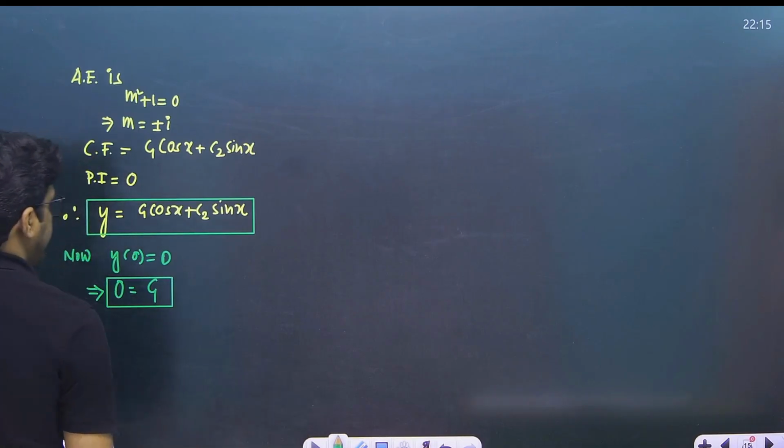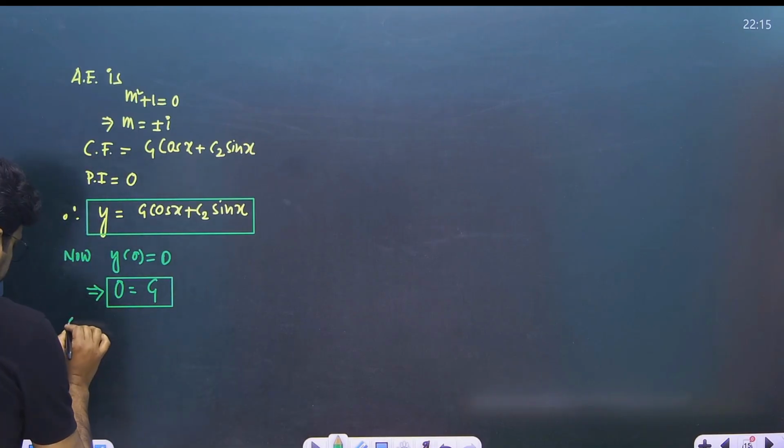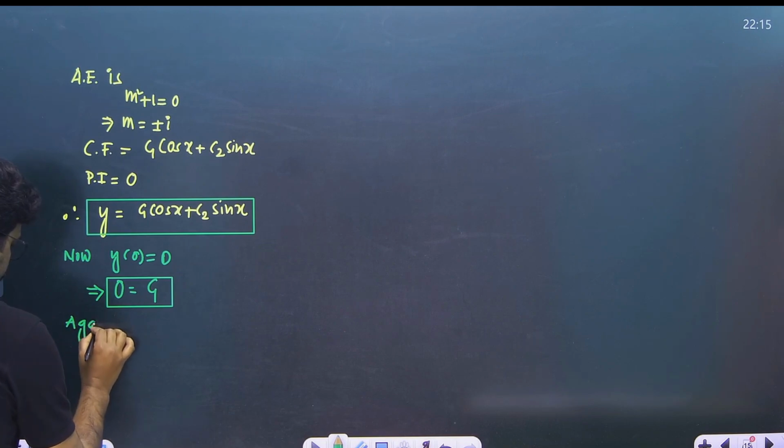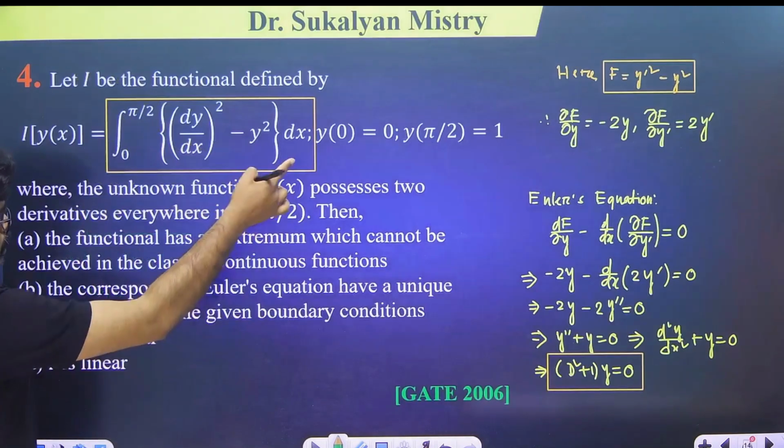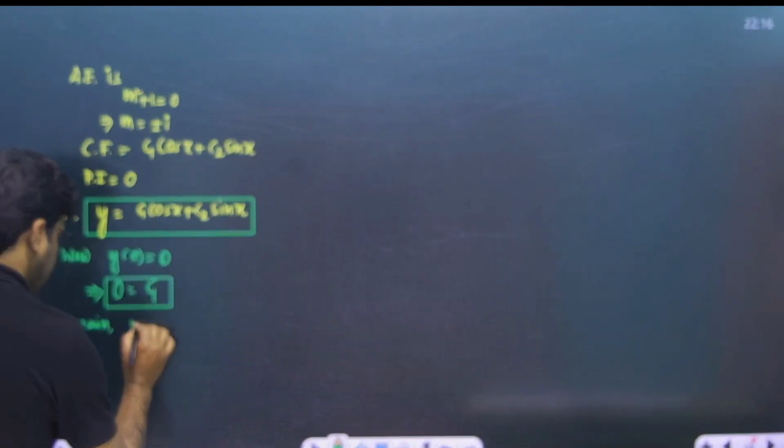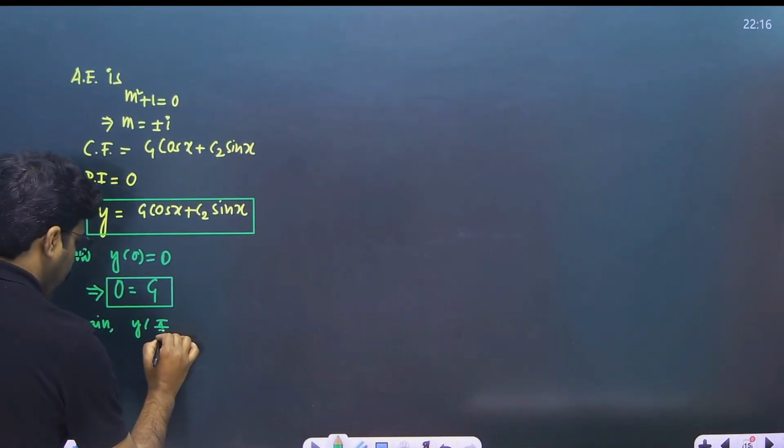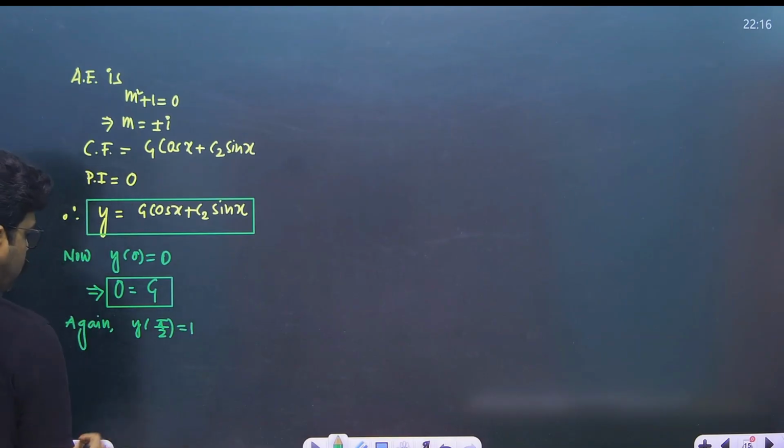Again from the second boundary condition, y(π/2) is equal to 1. That means when x is equal to π/2, y is 1.